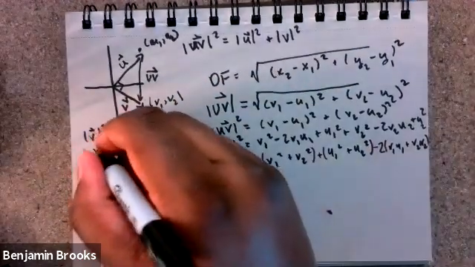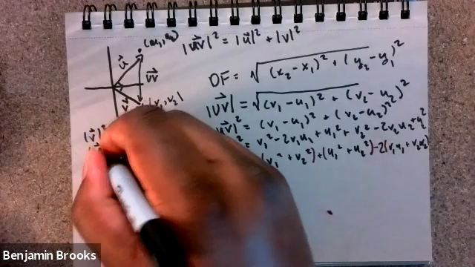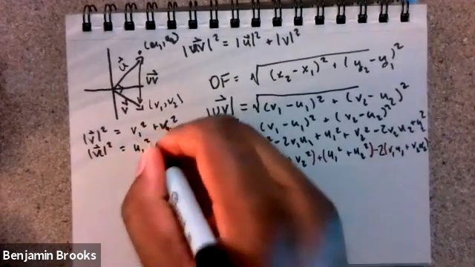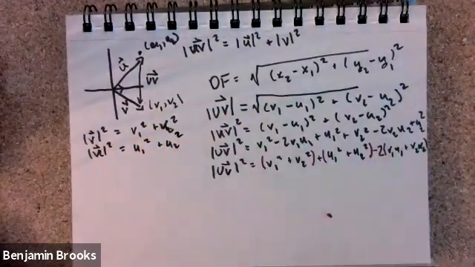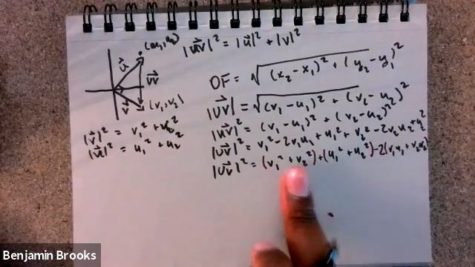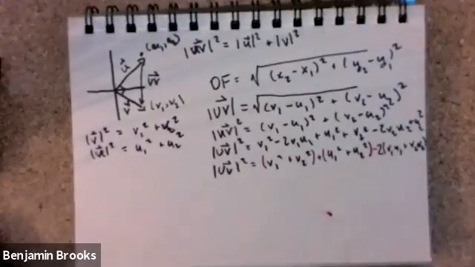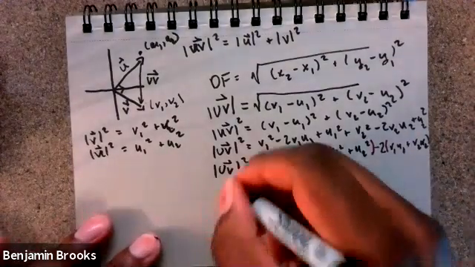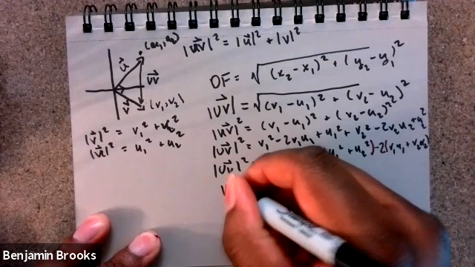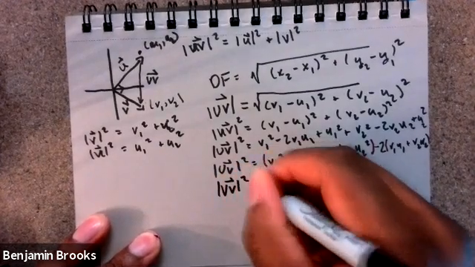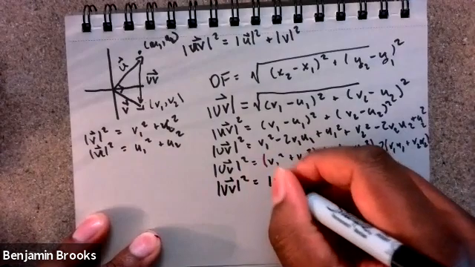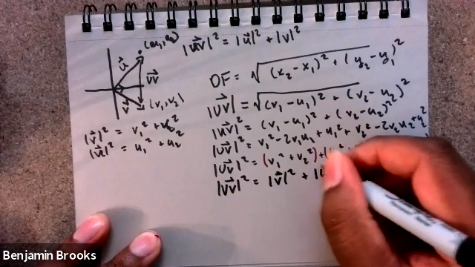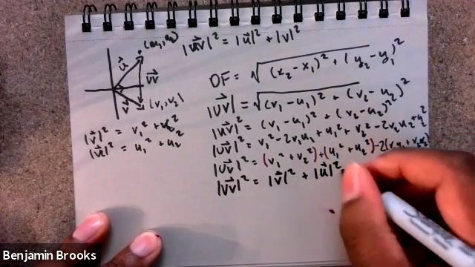And the magnitude of u squared is just u1 squared plus u2 squared. So what I could do is take these and replace them with the magnitude of v squared and the magnitude of u squared. Okay, let's do that. So that gives us the magnitude of UV squared equals the magnitude of v squared plus the magnitude of u squared minus all this junk back here.